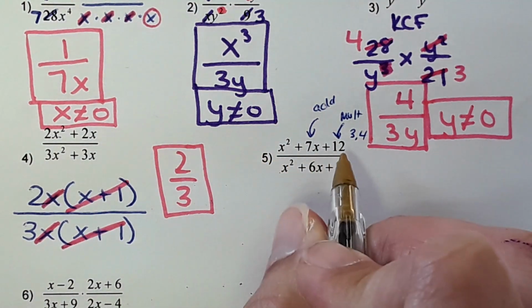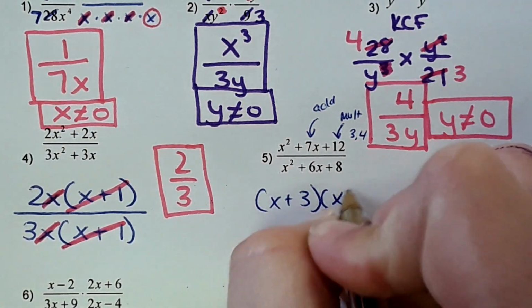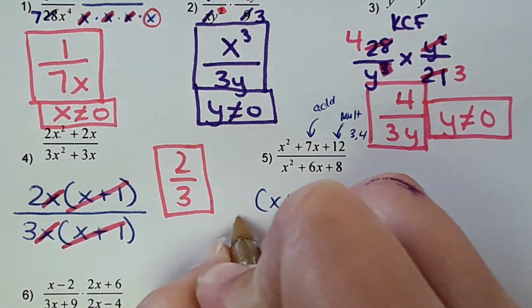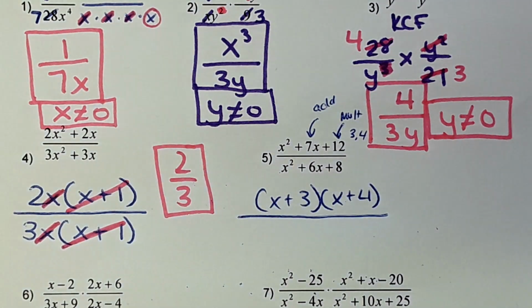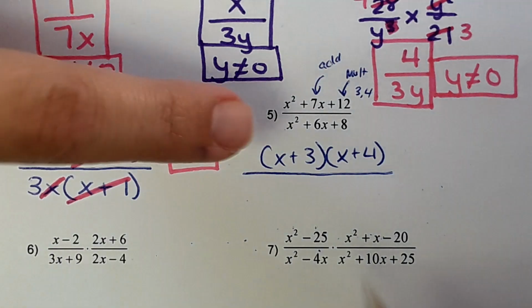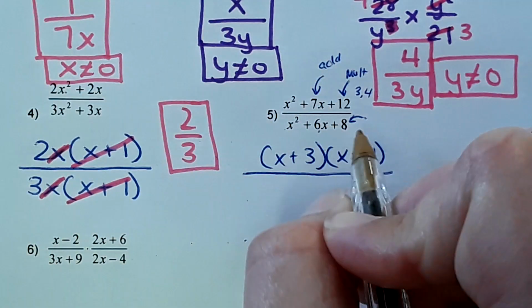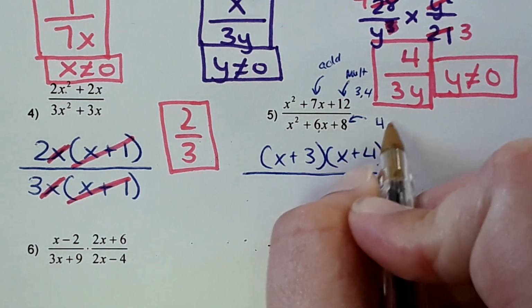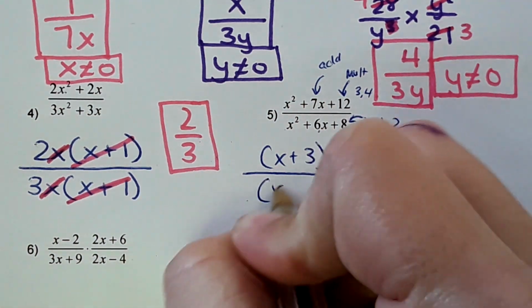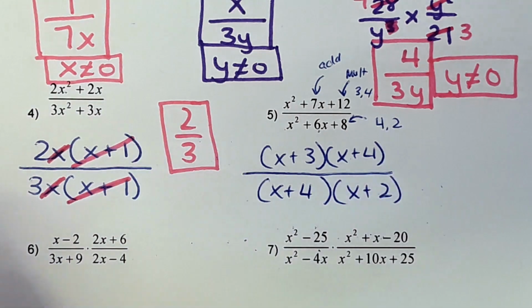So our factors for the numerator would be x plus 3, x plus 4. And then for the denominator, two numbers that multiply to 8 and add to 6 would be 4 and 2. So x plus 4, x plus 2.